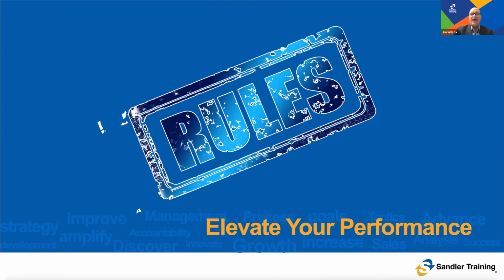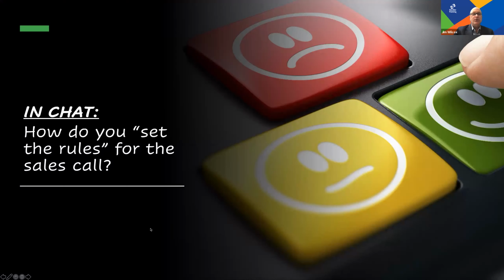So in chat, I want you guys to get your chat fingers warmed up. If you're new to this call, we'd like you to engage. So please participate in the chat. How do you set the rules for a sales call with a prospect? Now, there are some Sandler folks on this call, so I'm going to ask you to hold back because you probably know what the topic is today.